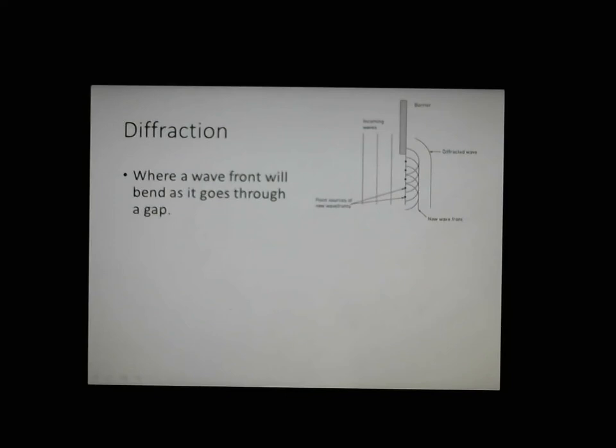Now, to do this, generally the wavelength needs to be similar to the size of the gap. Okay, and as such you can observe it in your day-to-day life with music. Sound has a very large wavelength, relative to light anyway. Ultrasound is about 17 millimeters, and infrasound, down near the low end of the spectrum, is close to 17 meters.